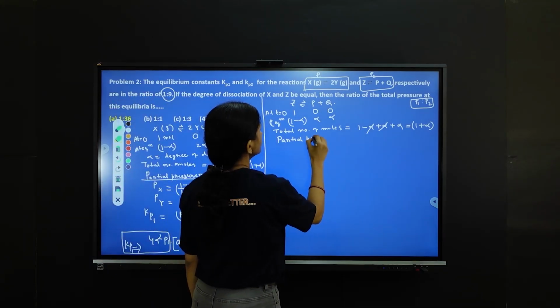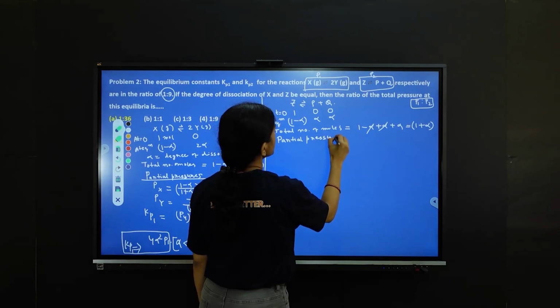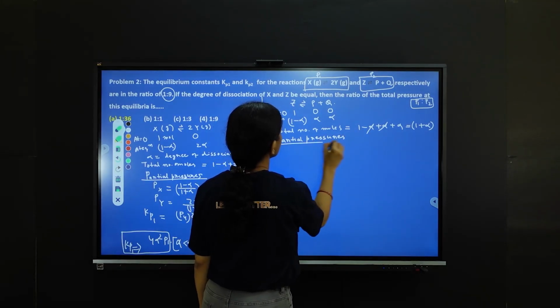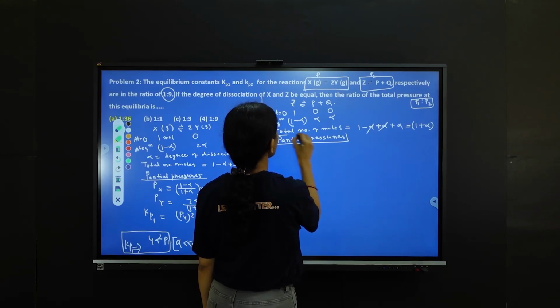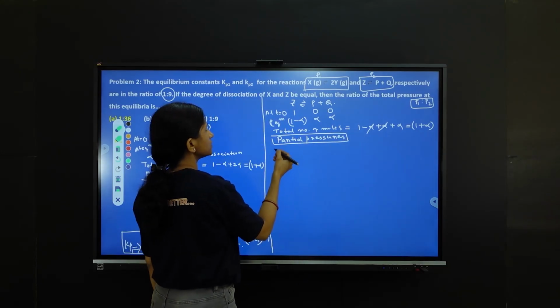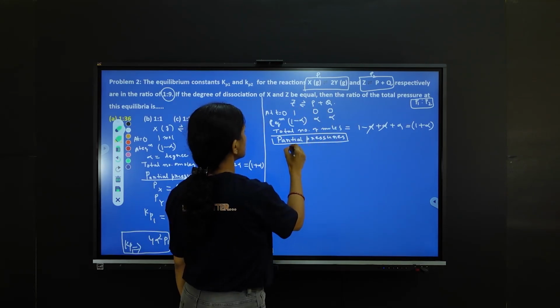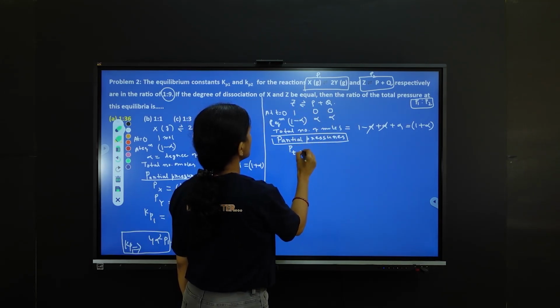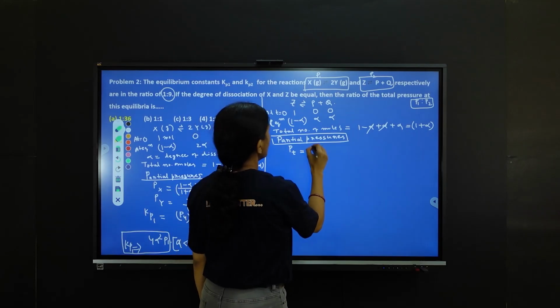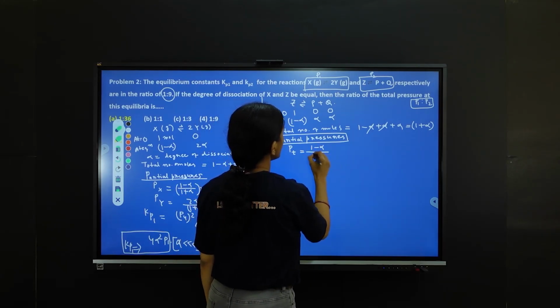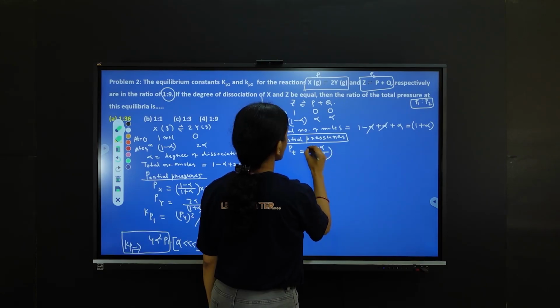So let's first do it for Z. Pz is equal to 1 minus alpha by 1 plus alpha times P2.